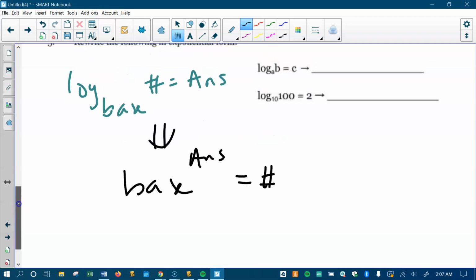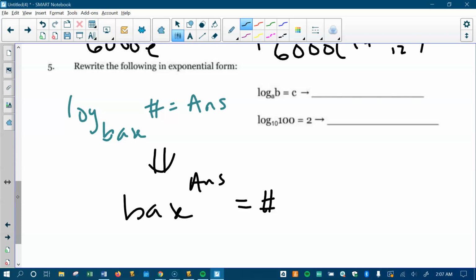Now we could change this also, and I could change this to the exponent.